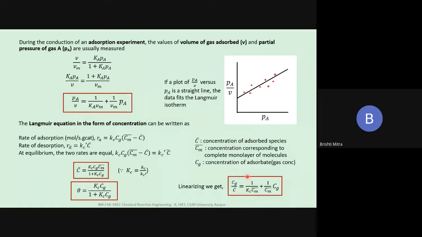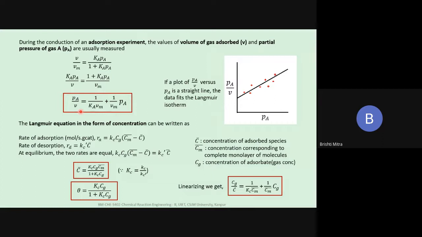So if the experimental values are not in terms of partial pressures, and instead are in terms of concentrations, then instead of using this particular expression, I will use this particular expression. If you look at the problems given in Smith, the end of the chapter problems, you will see that several problems are given in terms of concentration rather than partial pressure.